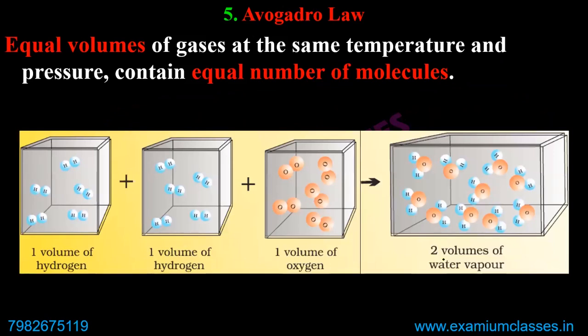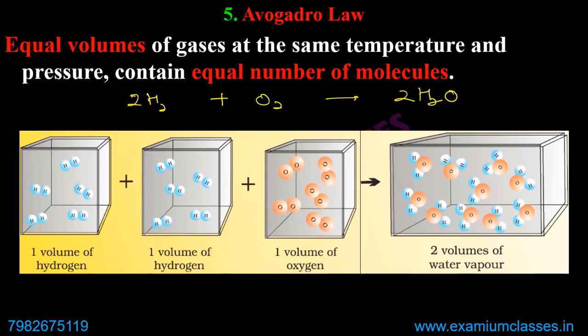So if you see, this reaction is just a depiction of H2 plus O2 gives you 2H2O. So if you write 2H2 plus O2 will give you 2H2O.